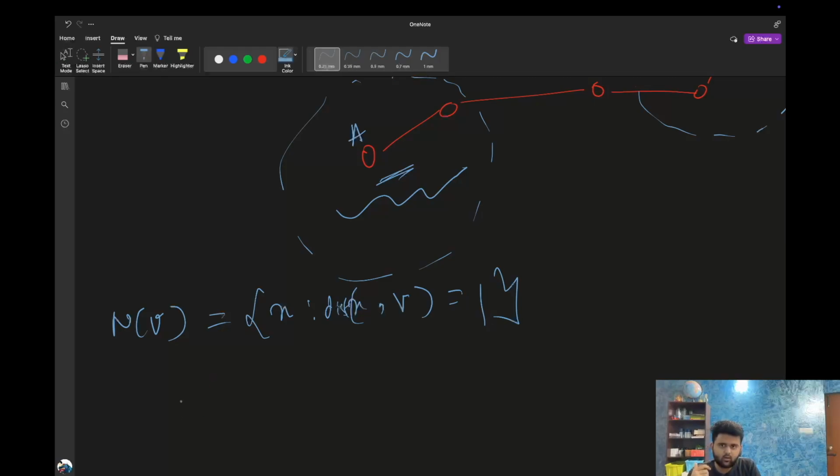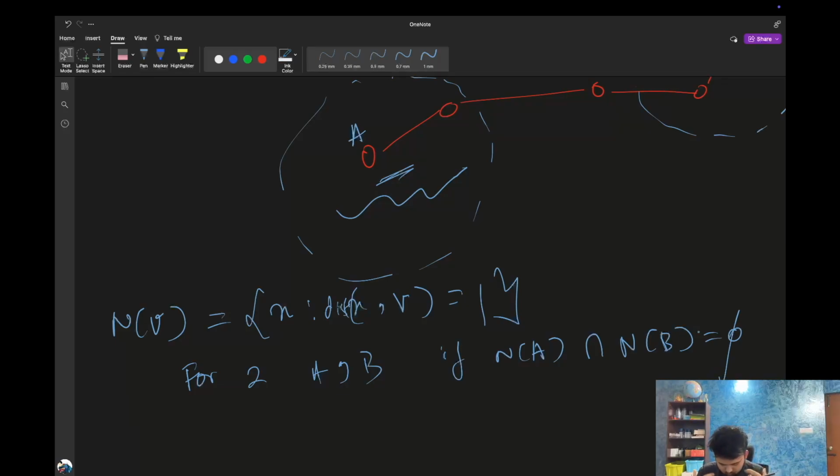So for two vertices A and B, if the neighborhood of A and the neighborhood of B do not have any intersection, then they're independent, because N(A) denotes all the vertices that A depends on and N(B) denotes all the vertices that B depends on, right? And since they don't have an intersection, then we can say that they are independent.